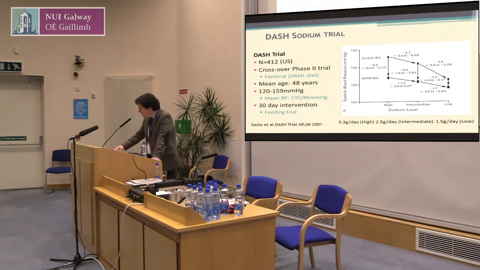But what you'll notice here on the graph, and the y-axis is blood pressure, the x is the transition from high to intermediate to low, that the slope of the blood pressure curve differs, suggesting that the effect of sodium restriction, depending on your underlying quality of diet, may be different.